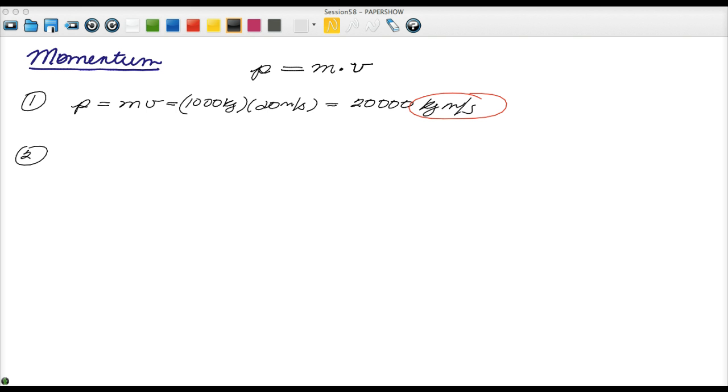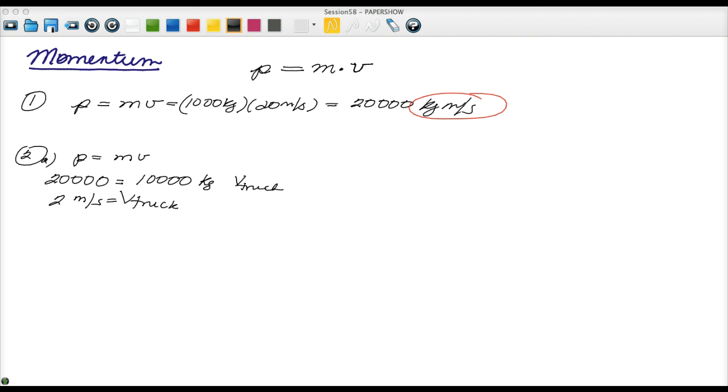Okay, how fast would the following objects have to be moving in order to have the same momentum as the car? So now that we know how much momentum we have, in other words, we have to have 20,000 units of momentum, but the masses are going to change. So what does the velocity of the truck have to be? Well, the velocity of the truck is going to be 2 meters per second to have the same momentum as a 20 meter per second moving car.